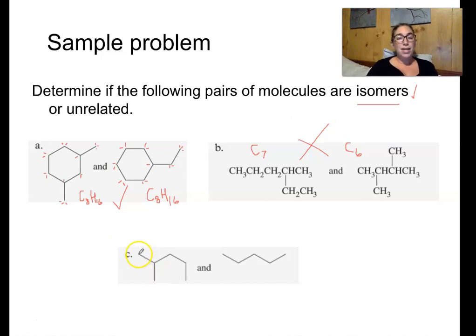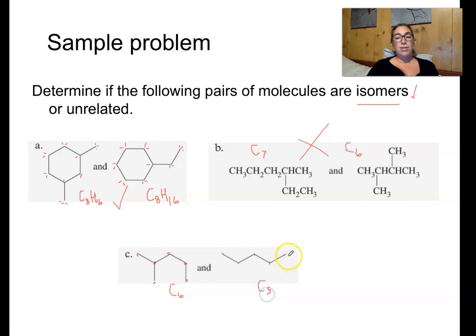And then lastly, C, we've got 1, 2, 3, 4, 5, 6 carbons. C6. And this one is 1, 2, 3, 4, 5. All right.